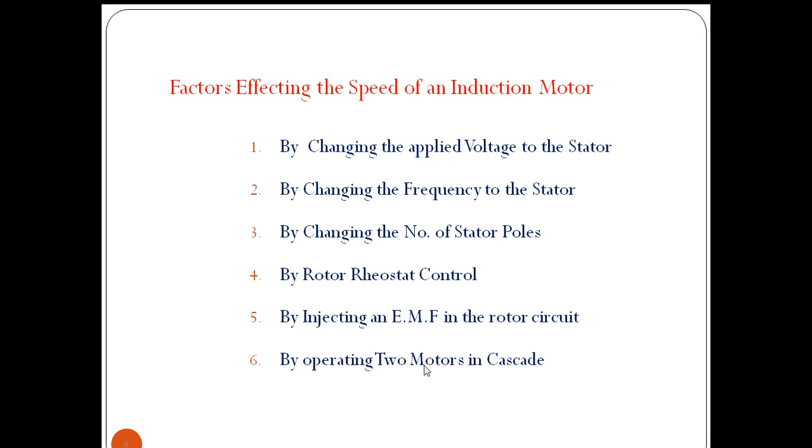These factors affect the speed of the motor: changing the applied voltage to the stator of the induction motor, changing the frequency of the stator, changing the number of stator poles, rotor rheostat control, injecting an EMF in the rotor circuit, and operating two motors in cascade. So these are the factors which affect the speed of the induction motor.